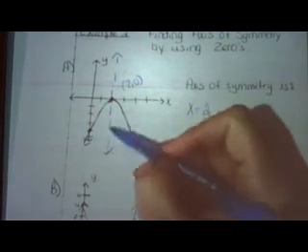So the axis of symmetry has to go through the vertex. Okay, so my axis of symmetry, this vertex looks to be at 2, 0. So my axis of symmetry would be x equals 2 on B.